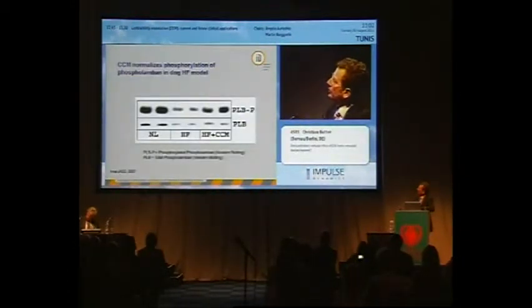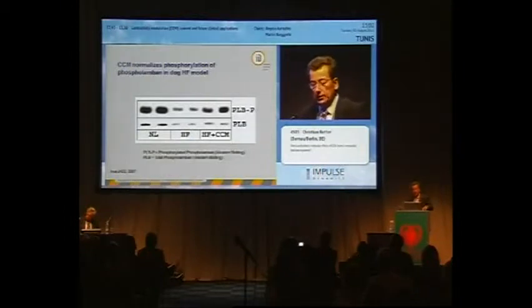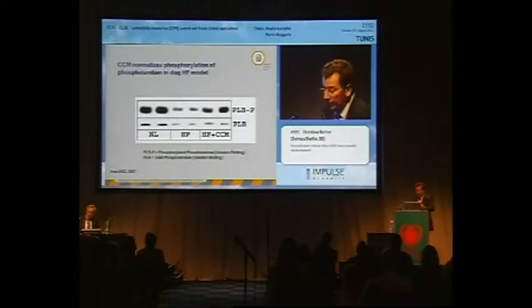How can we prove that? We can show that in animal data in a dog model from the working group of Tony Sabat in Detroit. You see on the left the normal dog with phospholamban and the phosphorylated portion of the phospholamban on the upper row.